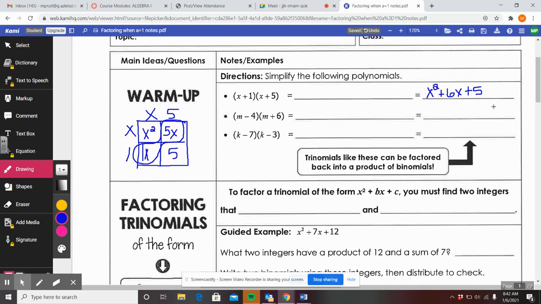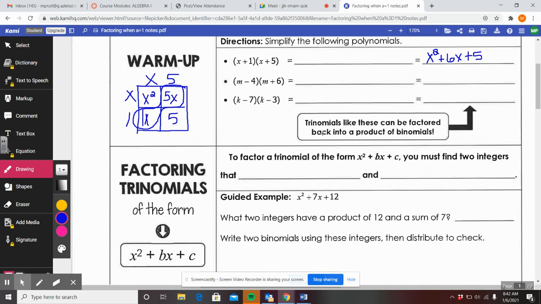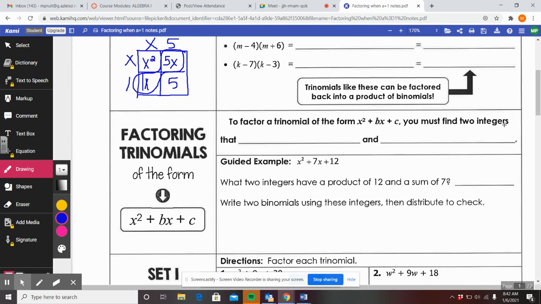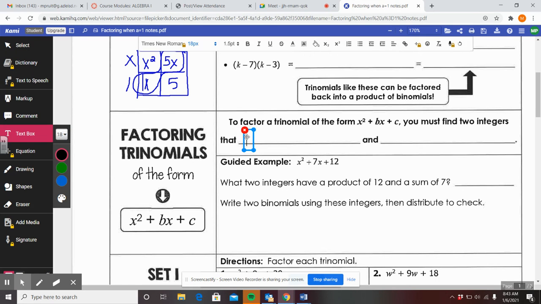All right. So to factor a trinomial, you must find 2 integers that add to give you b. It's actually add or subtract, but add or subtract to give you b, and multiply to give you c.